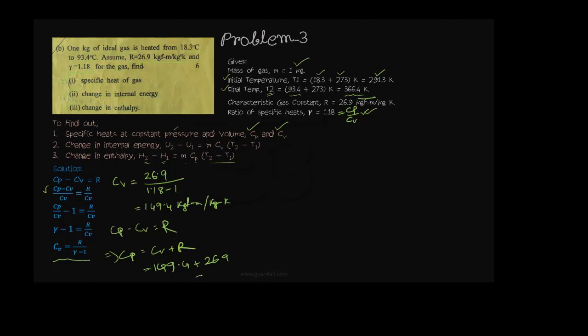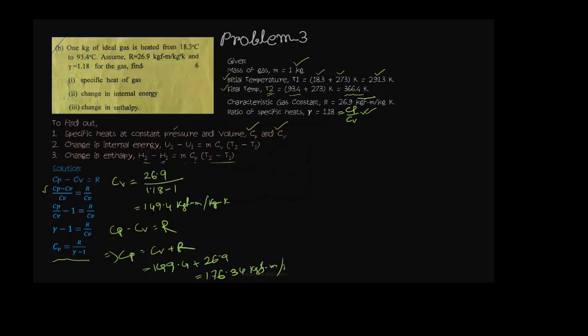So this will be equal to 176.34 kg force meter per kg per Kelvin. So this way we have found out both Cp and Cv. So this part is completed.